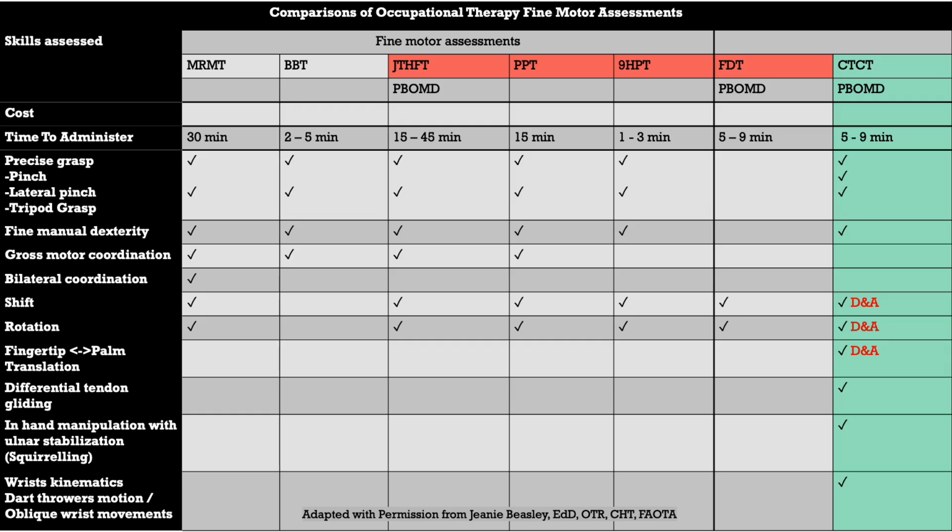Palm to pad translation of the coin, then shift when the coin moves across finger pads, and complex rotation is observed when the coin is turned on its axis with finger pads before placement into slot.